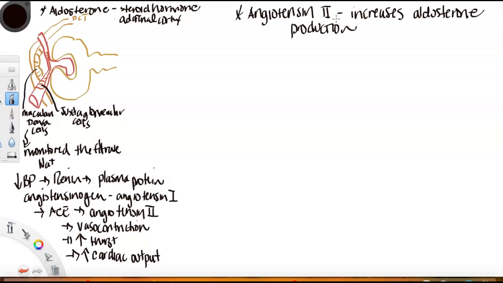Okay, so once we have aldosterone, what does aldosterone do? Well, when you think about aldosterone, you think about sodium because it deals with sodium. So in the kidney, in the tubules, and this is at the distal convoluted tubule and the collecting duct.